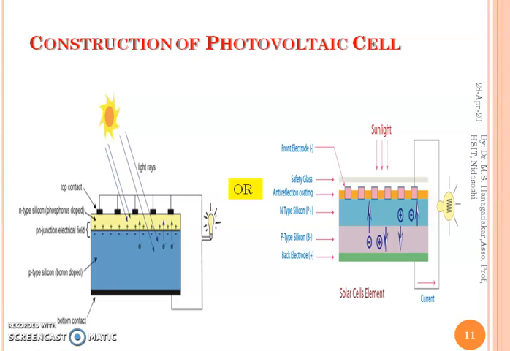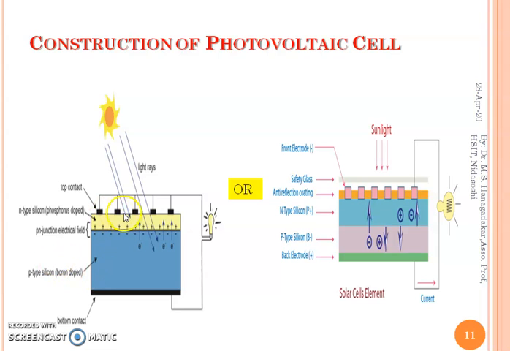In this construction, you can observe one more important thing: at the front side, metal grids are attached, leaving some gaps. The purpose of leaving the gaps is that when sunlight falls over the semiconducting material, it should penetrate more intensely into the body of the PV cell unit.